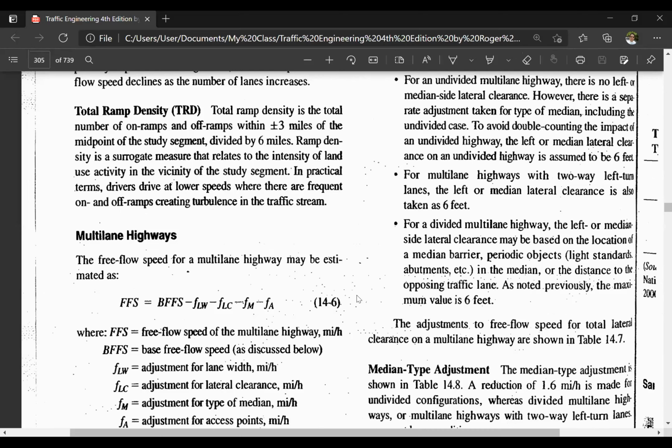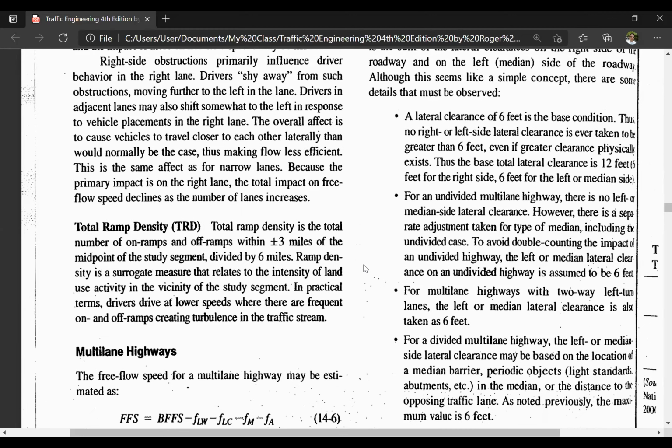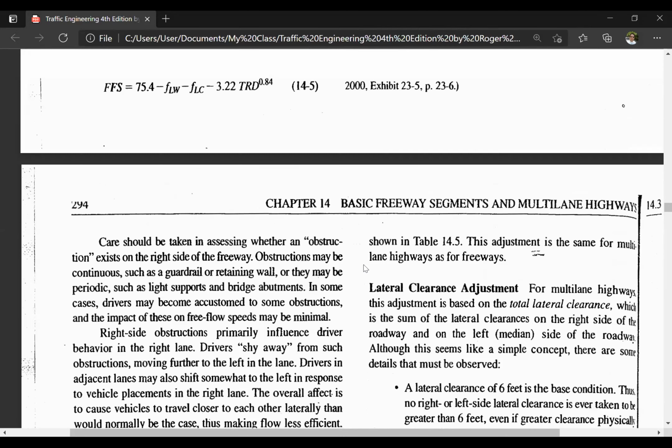So if there are many ramps, then the impact of access to the segment will be increased.